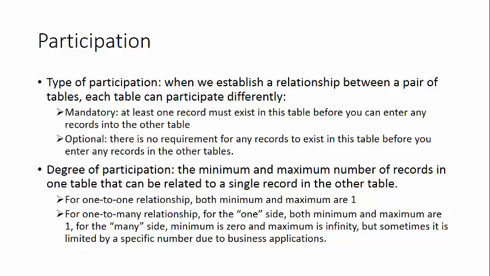For example, we can have a class, like our class 526, on the many side of the relationship, so it can have many student records, but we have a limit on the number of students to be at most 30. It is a one-to-many relationship and the class table is on the many side, but there is a limit on the number of students who can be enrolled in a class.